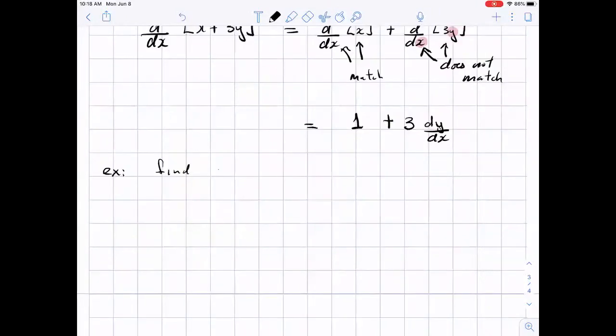If we look at this example, find dy dx of xy squared. Notice that this here is in implicit form.